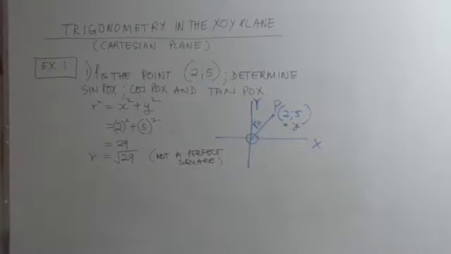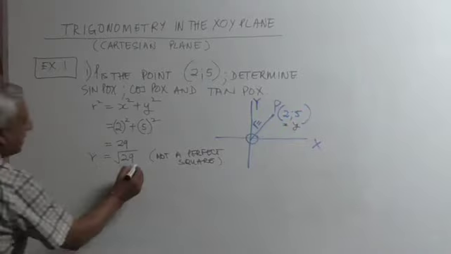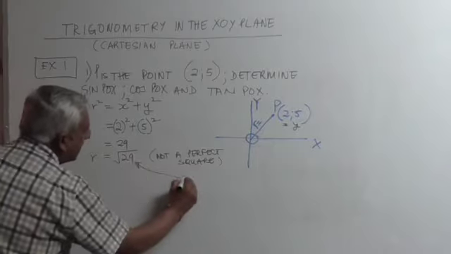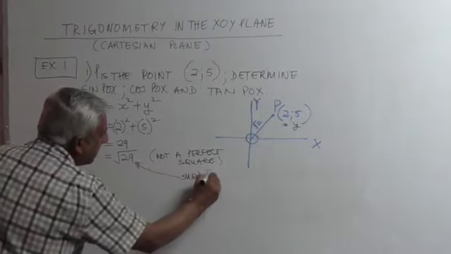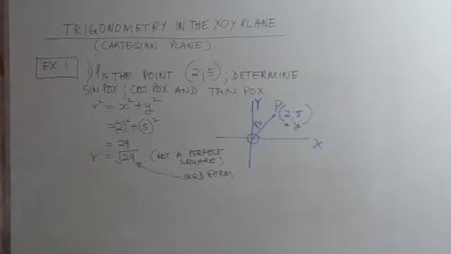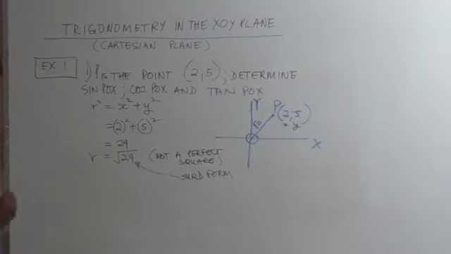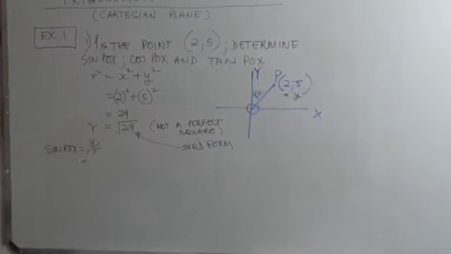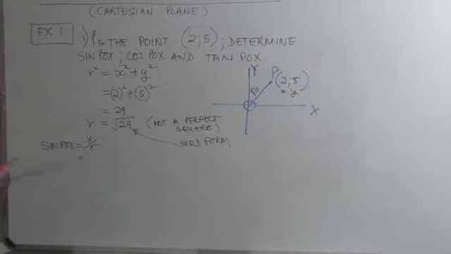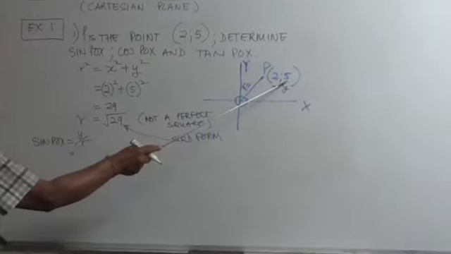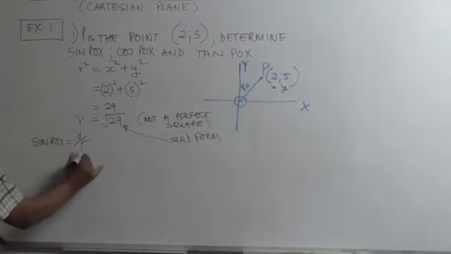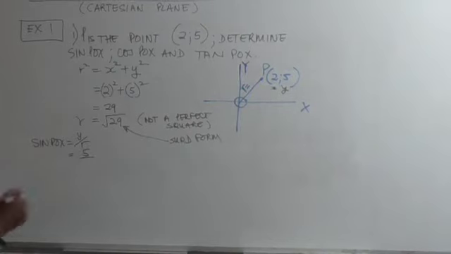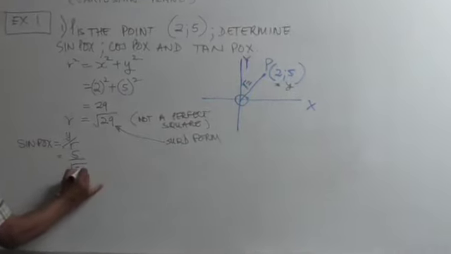We're leaving it in surd form. So leave it in surd form. Now we want sine POX, which is equal to y over r. Y is 5, and r we just calculated: r is root 29.